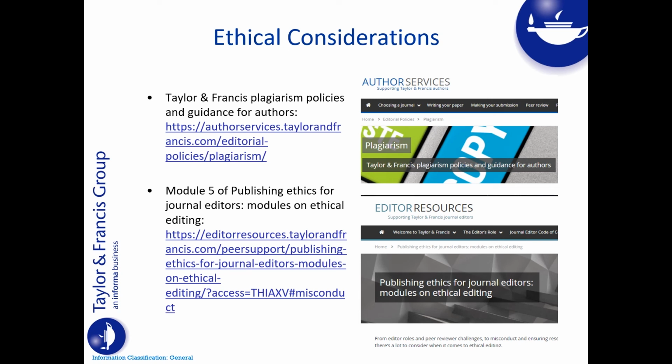Featured cases include text recycling, types of permissible secondary publications, or legitimate reasons for overlap. You may wish to refer to Module 5 of the Taylor and Francis Ethics for Journal Editors video series, which focuses on how to deal with potential misconduct and spotting red flags.